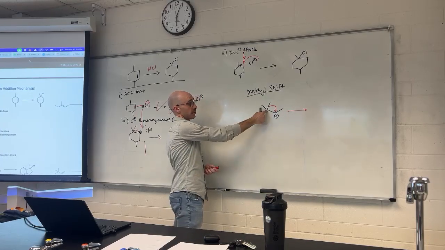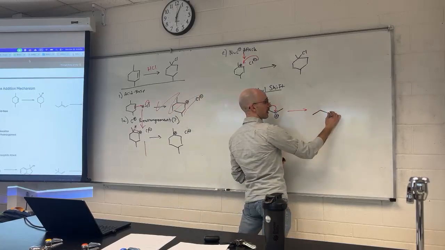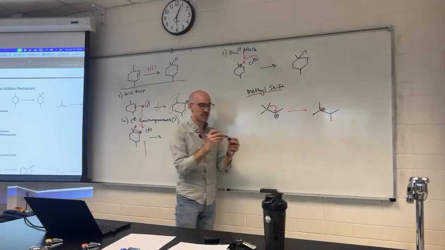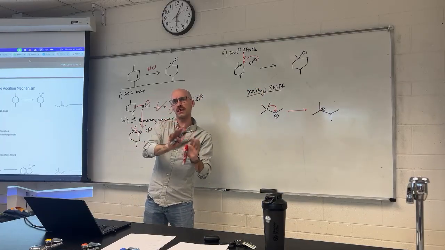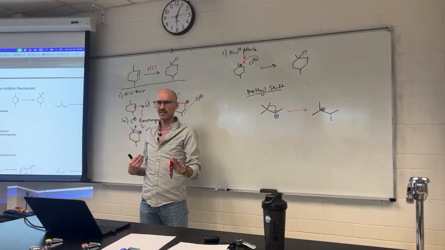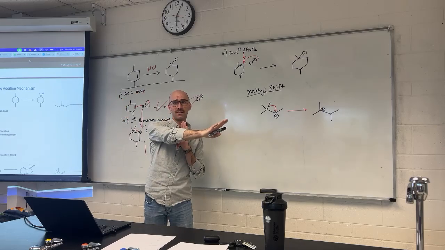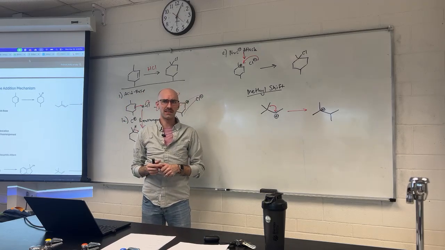This really happens the most on a quaternary carbon, because after a quaternary carbon loses a methyl, it becomes a tertiary. If a tertiary carbon shifted a methyl, it would become a secondary carbon. So again, it would be more energetically favorable and give better stability at the end for it to shift a hydride.